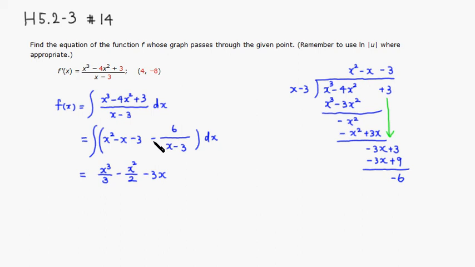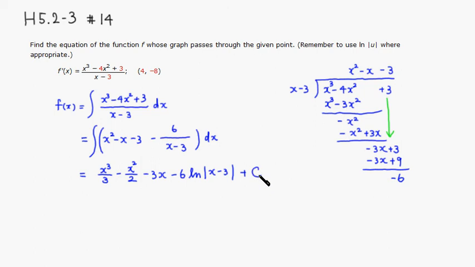Then you have a negative 6, just a constant, times 1 over x minus 3, so that will be natural log of absolute value of x minus 3. Then plus some constant c.